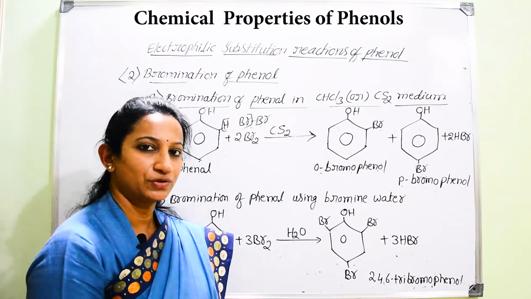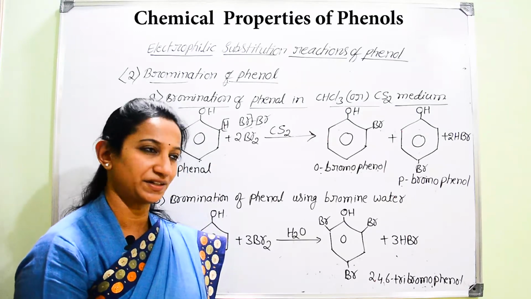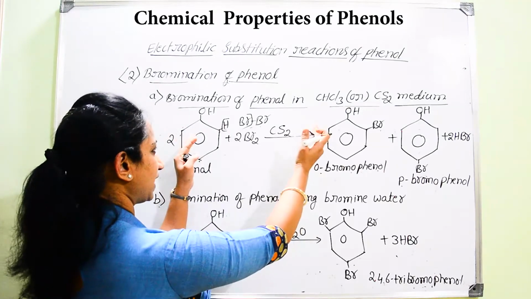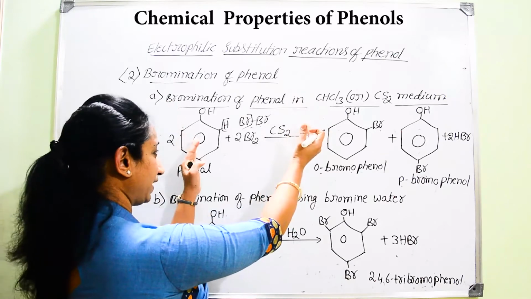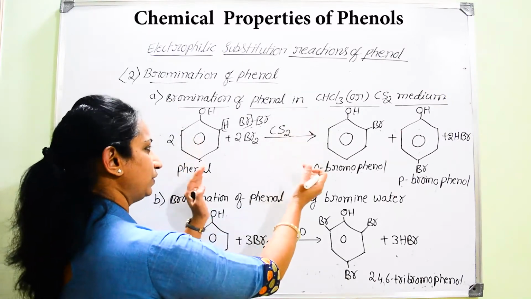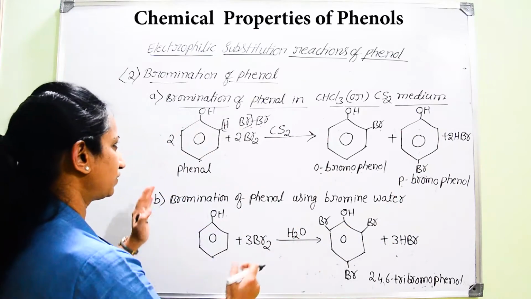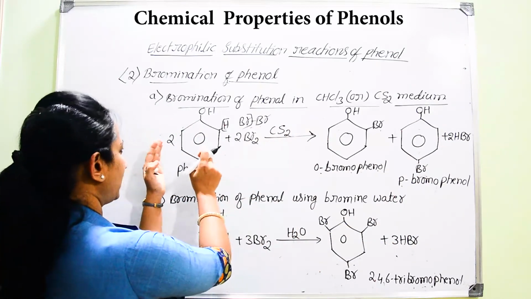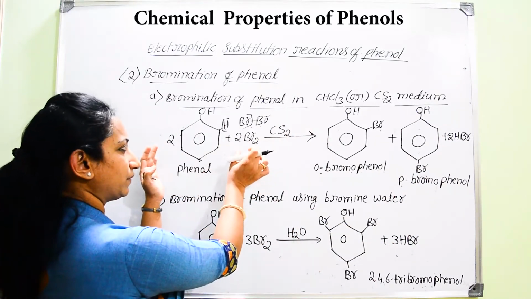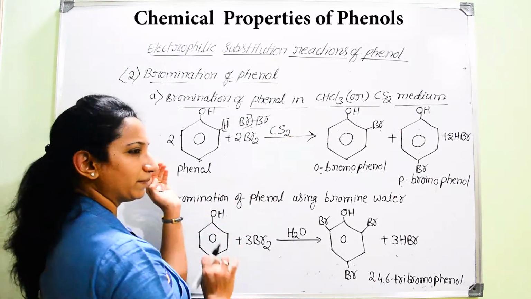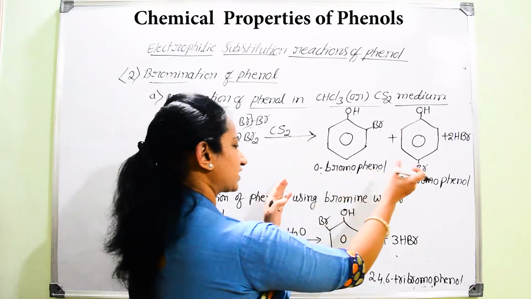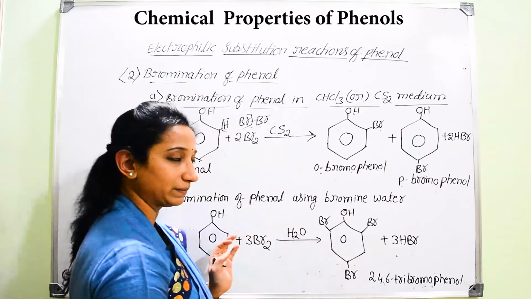That is how you should be careful regarding the conditions. Whatever conditions they have given on the reagent side and the medium, you have to predict the correct product. In case in the examination they have given phenol and bromine and even mentioned the medium, then they are expecting you to write the product, fill up the blank.